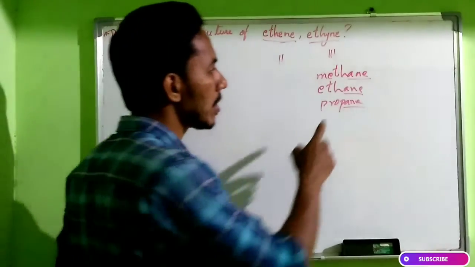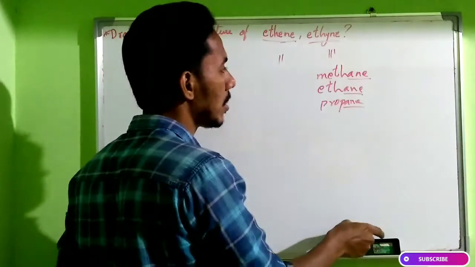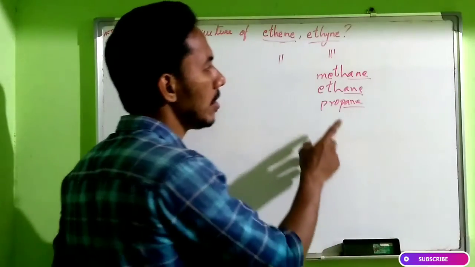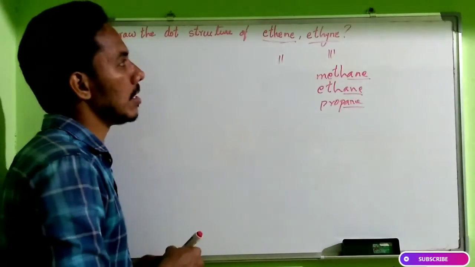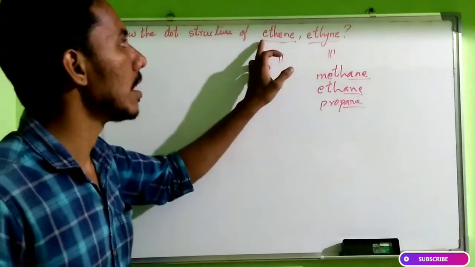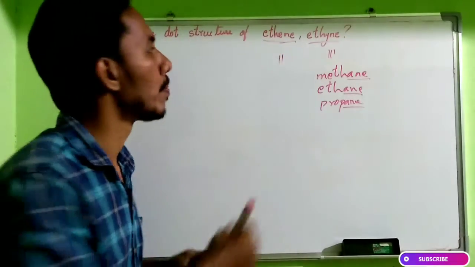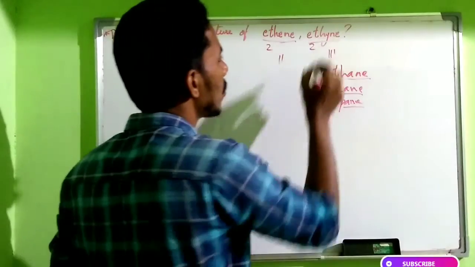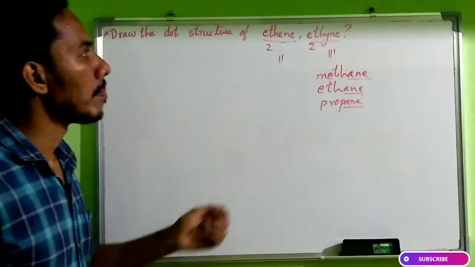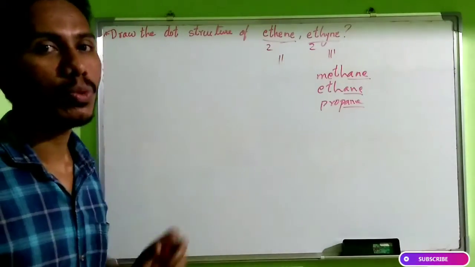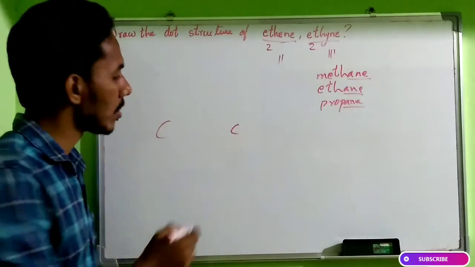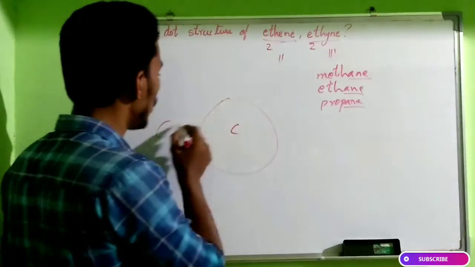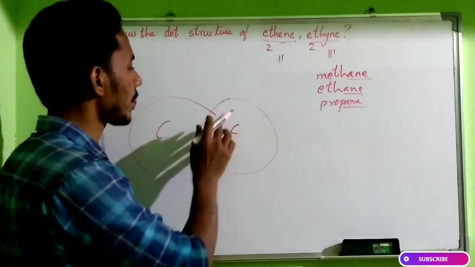In the previous section we discussed these three compounds and their structures. Then ethene. Eth means 2, so this compound contains 2 carbon atoms, 1, 2. Then draw this structure.